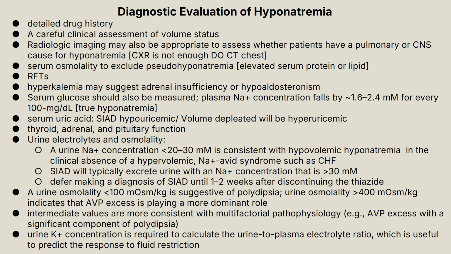A syndrome of inappropriate antidiuretic hormone will typically excrete urine with a sodium concentration that is more than 30 millimoles, and defer making a diagnosis of SIAD until 1 to 2 weeks after discontinuing thiazides. This is important to note: we cannot diagnose a patient with a syndrome of inappropriate antidiuretic hormone if he's on thiazides, and we have to discontinue them for 2 weeks in order to know if that's a true SIAD or not.